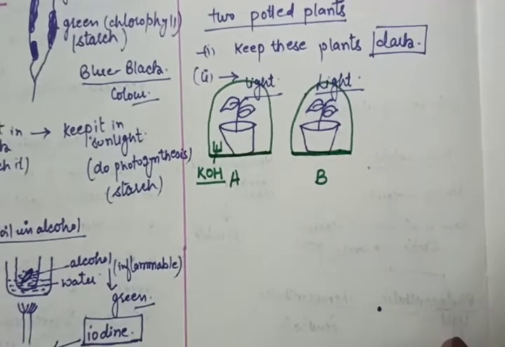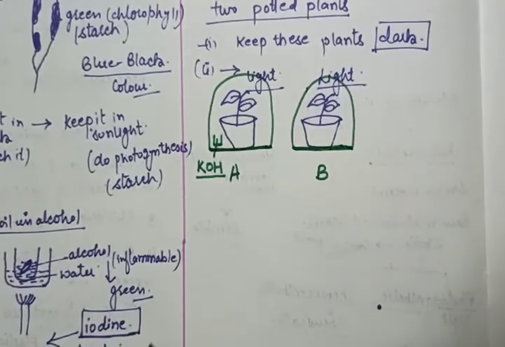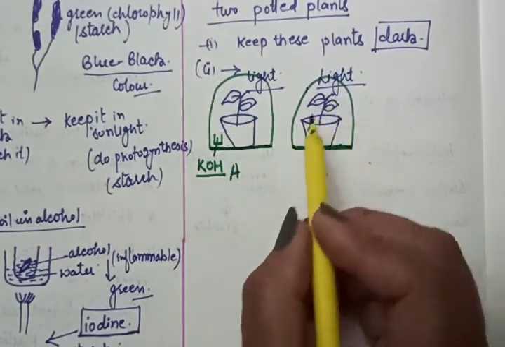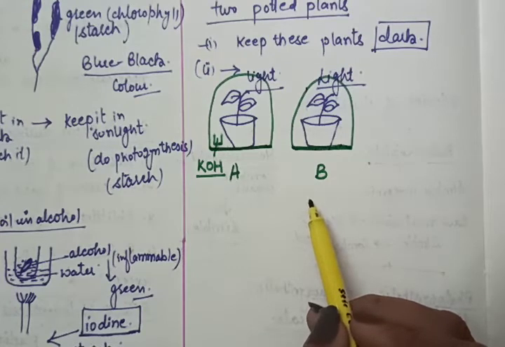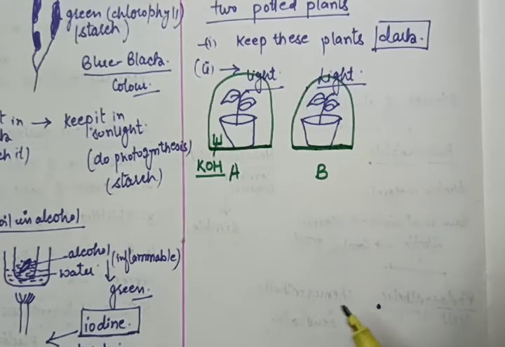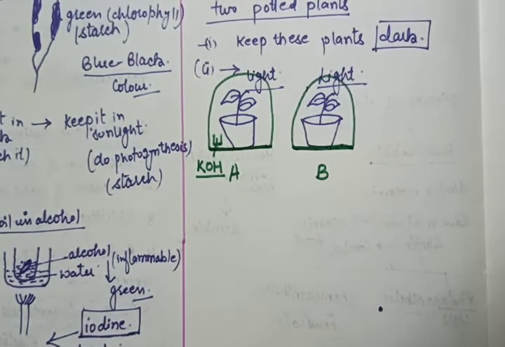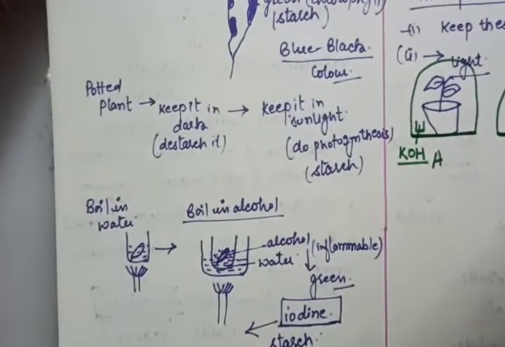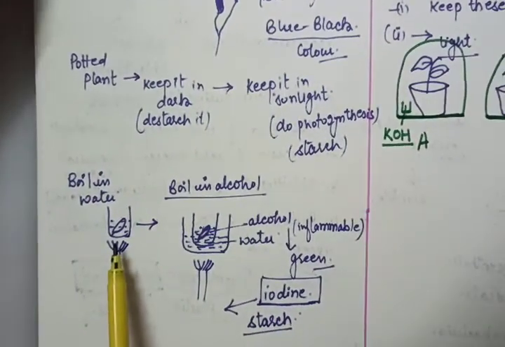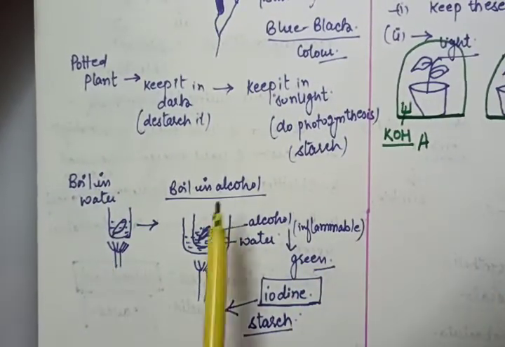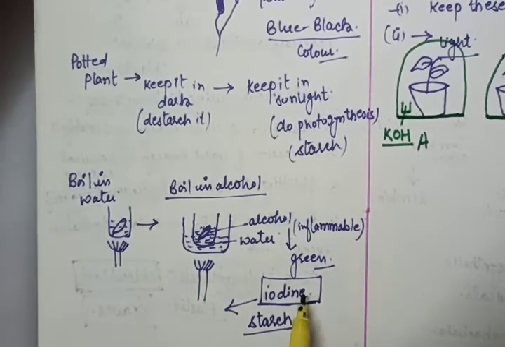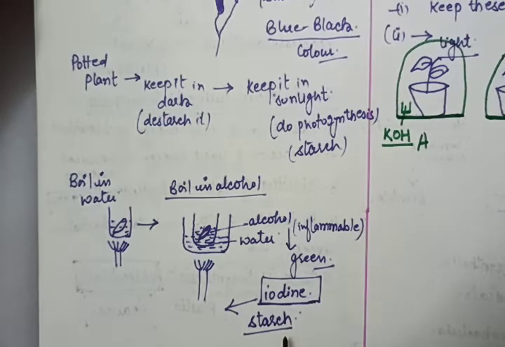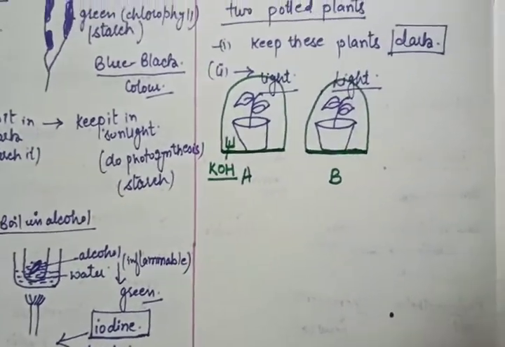Now, after 6 hours, pluck the leaves from both the plants, from the A pot and the B pot. Now again do the processing that we have done in activity 6.1. That is, first boil the leaves in water, then in alcohol in a water bath, then put iodine solution on it to test for the presence of starch. Now we will observe.